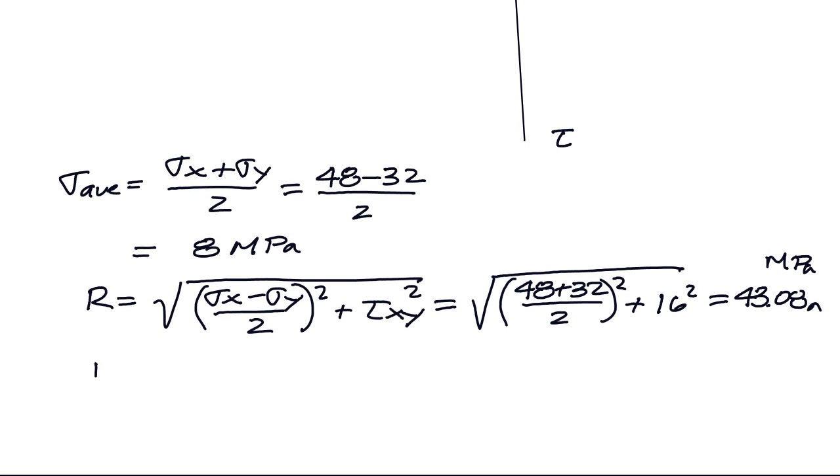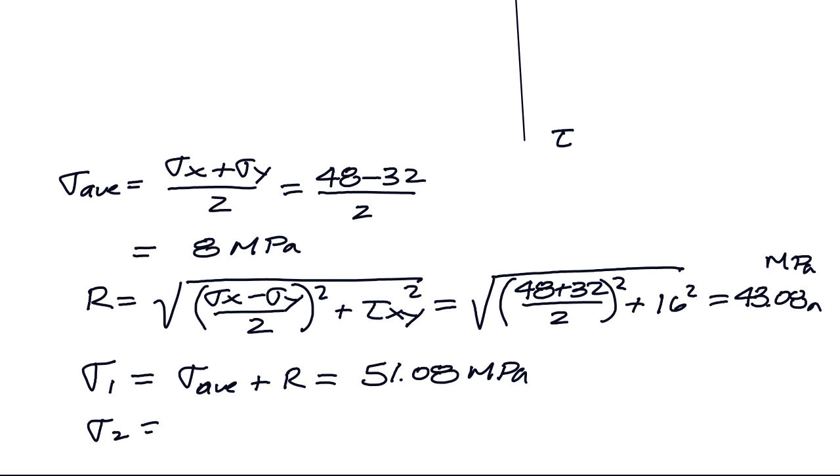We know from our equations that sigma 1, the largest principal stress, is sigma average plus the radius of Mohr circle r. That ends up being 51.08 megapascals. The other principal stress, sigma average minus r, that number is minus 35.08 megapascals.